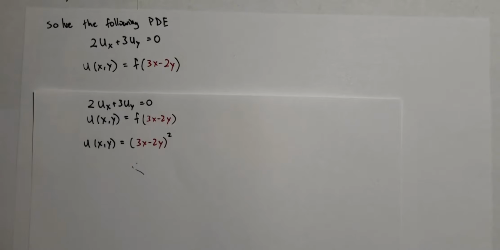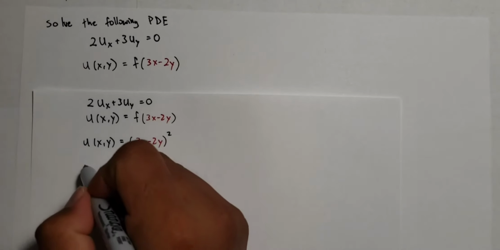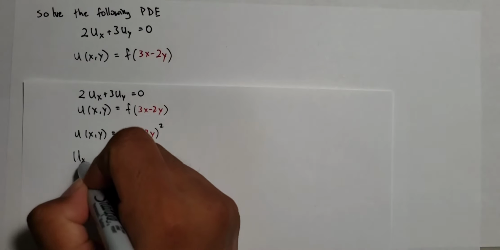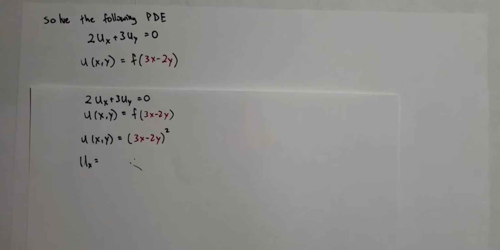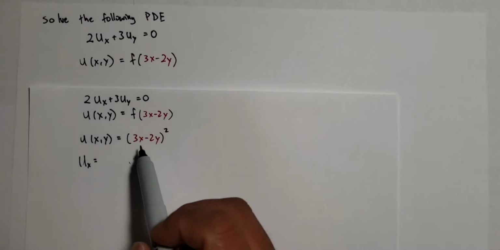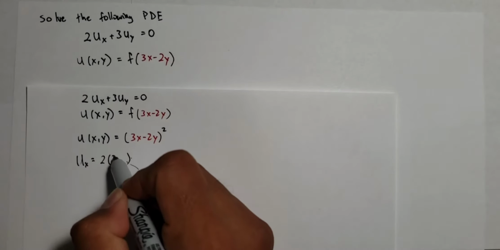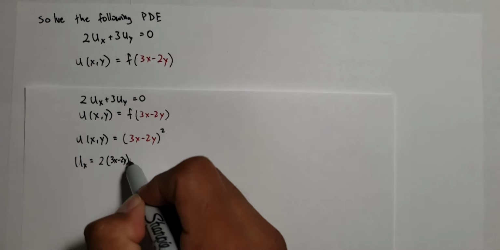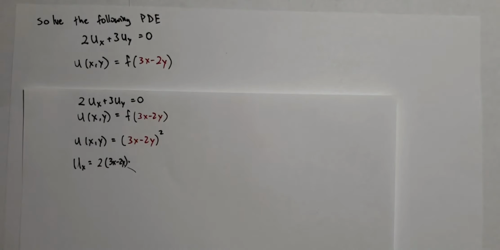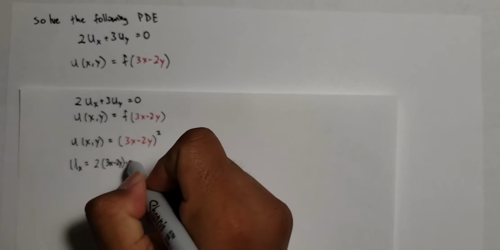So we have to find u sub x. Use the chain rule and treat y as a constant. So u sub x is going to be 2, chain rule, parentheses 3x minus 2y, times the derivative of 3x, so that's going to be times 3.